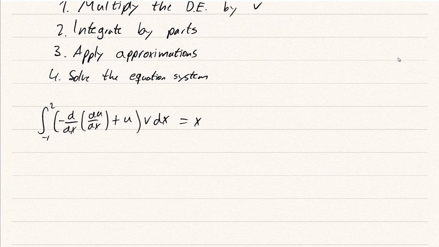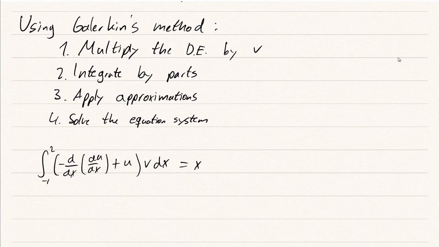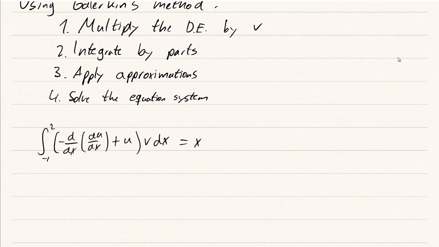So let's just use this u and v business we did up here. So we can see that, alright, let's call this our u here. This will be our u, and we have our v over here, right? That's v.